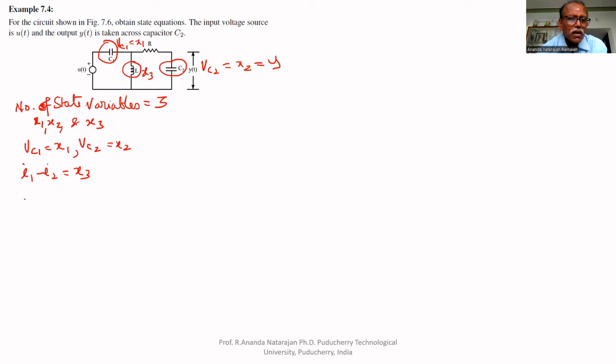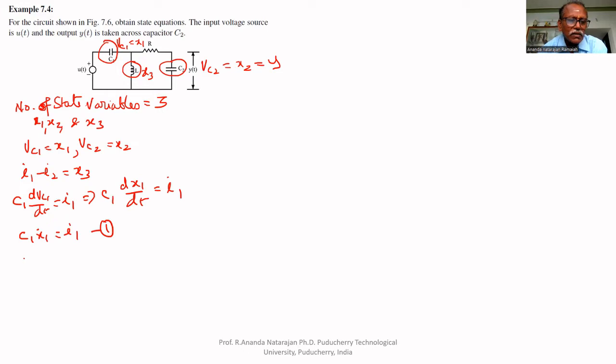But I1 equal to C1 dVC1 by dt, that is equal to I1. That implies C1 dx1 by dt equal to I1, or C1 x1 dot equal to I1, first equation.